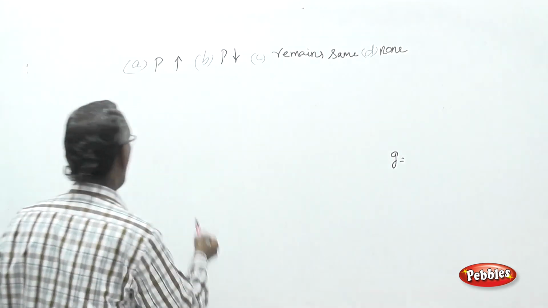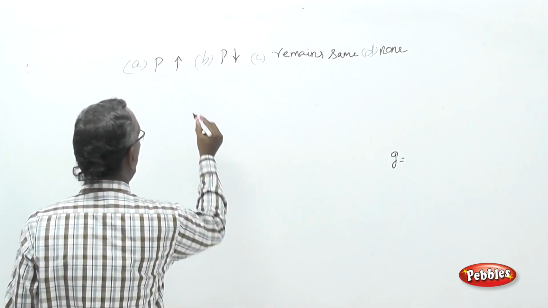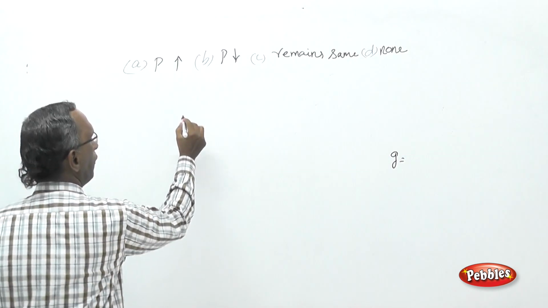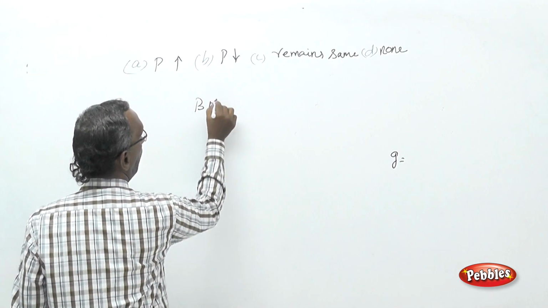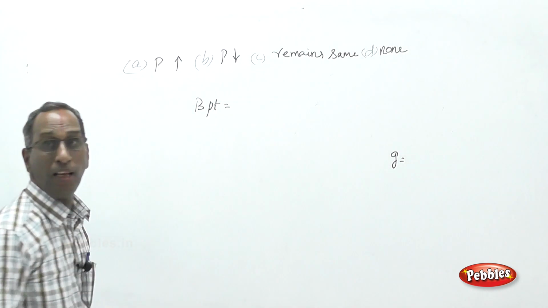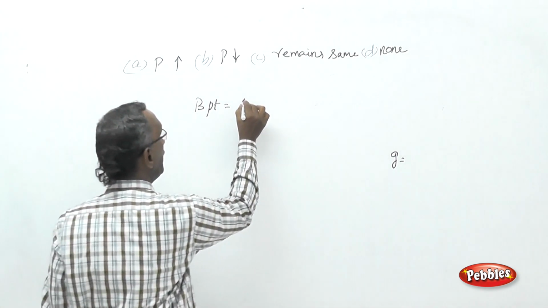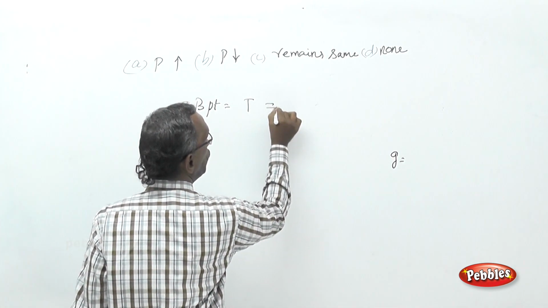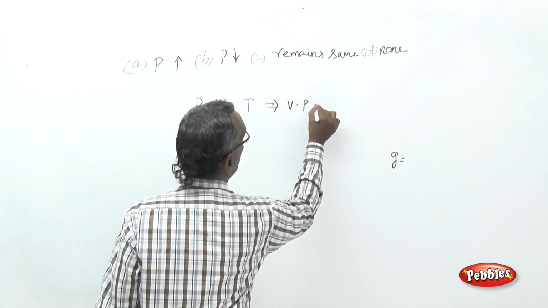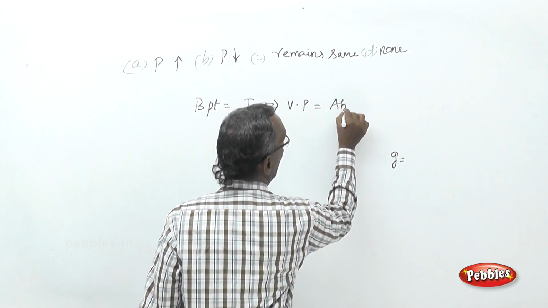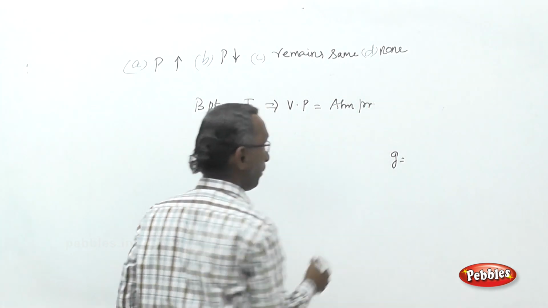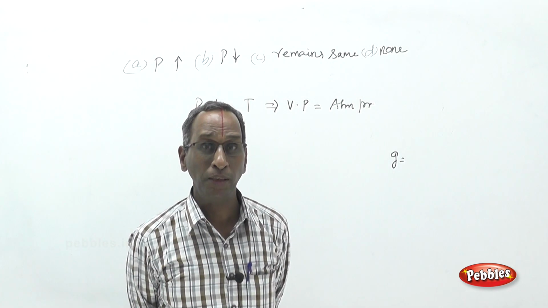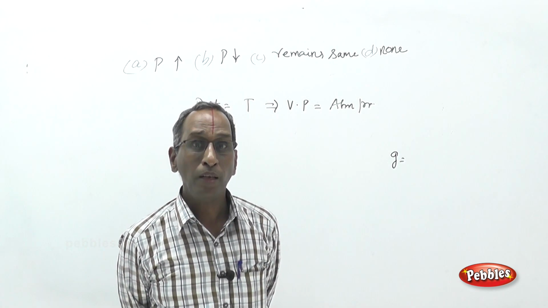Here, first we have to note down what is meant by boiling point. Boiling point is the temperature at which vapor pressure becomes equal to atmospheric pressure. This point has to be noted. We say the boiling point of water is 100 degrees. What does it signify?